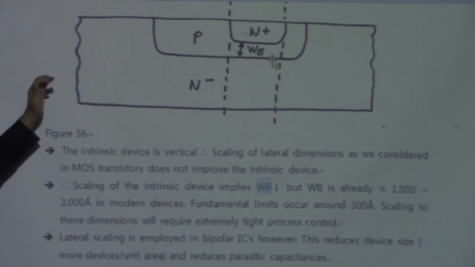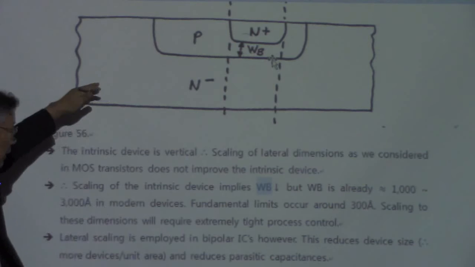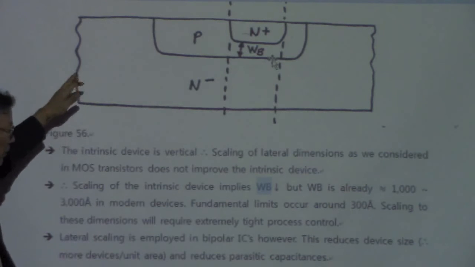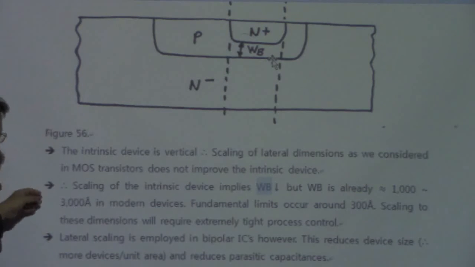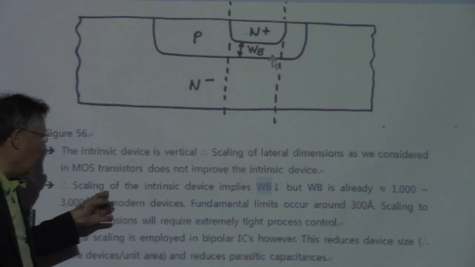So that's why the bipolar transistor has been developed first before the MOS transistors, even though the MOS transistor idea has been developed prior to the bipolar transistors. I mean, in the industry, it has to appear first, before the MOS transistors.